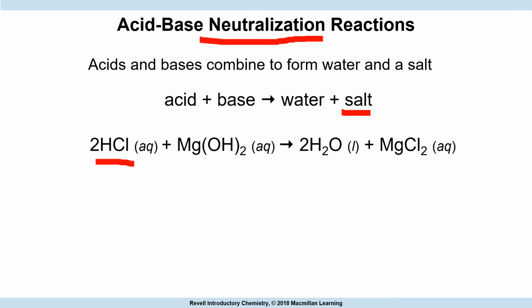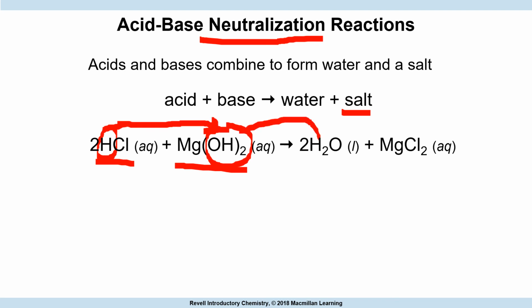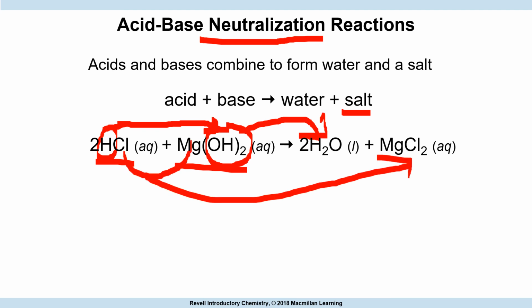Here's HCl, hydrochloric acid, and mixing it with a base, which is hydroxide ion, and this H is the acid and this is the base. These come together to form water, and the other two things come together to form a salt.